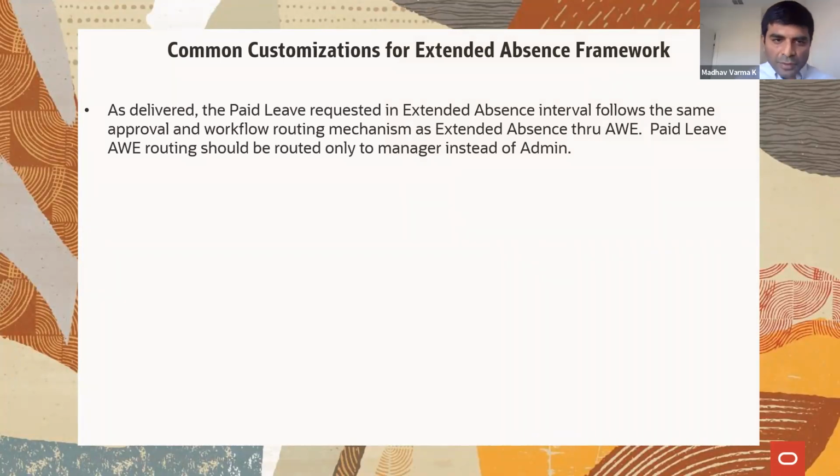Yeah, so these were the common customizations that I have done in my past 7 to 8 implementations for many of the clients. So the workflow, the approval framework, right? The delivered approval framework works in such a way that an employee requests an absence and it routes to an administrator.